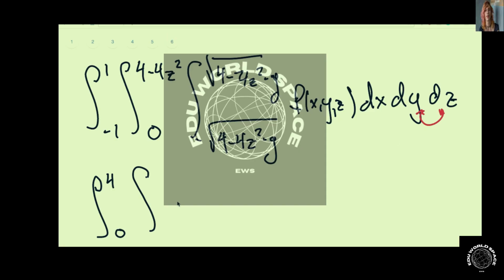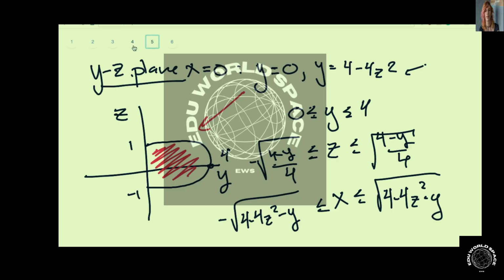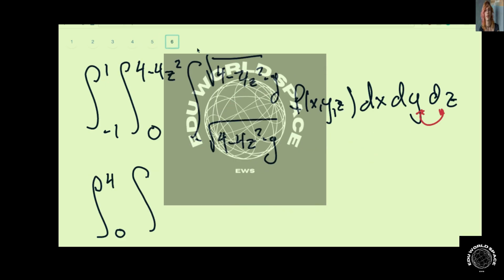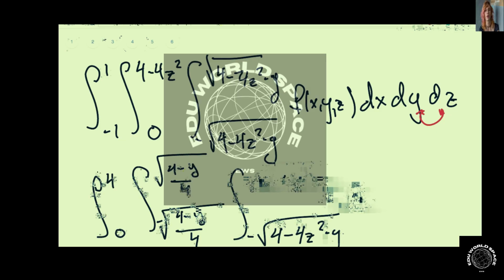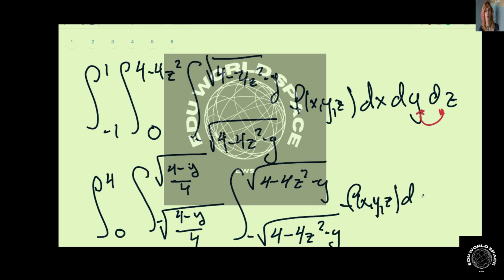Yes, this is correct. So then we want to change our bounds to reflect the other one: z from negative square root of (4 minus y) over 4 to square root of (4 minus y) over 4, x from negative square root of 4 minus 4z squared minus y to square root of 4 minus 4z squared minus y, f of x, y, z, dx, dz, dy.